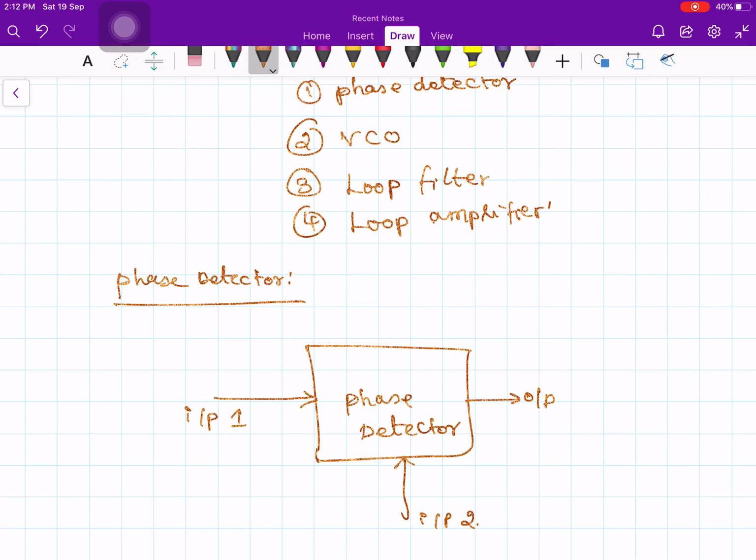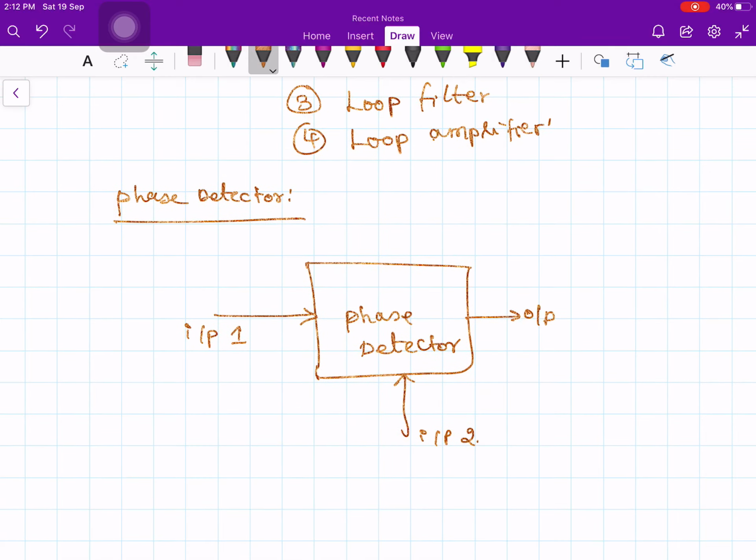Let us say input 1 is a sinusoidal input, and input 2 also is a sinusoidal input. But the beauty is, if this is cos omega c t something, this becomes sin omega c t something. Both will not be cos, or both will not be sin. We will address why one is cos and the other is sin. If both are the same, then the phase detector will not serve the purpose.